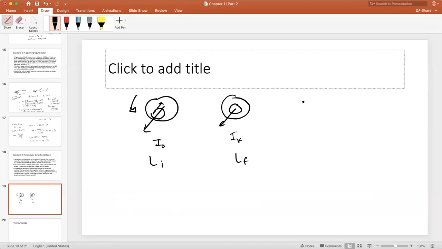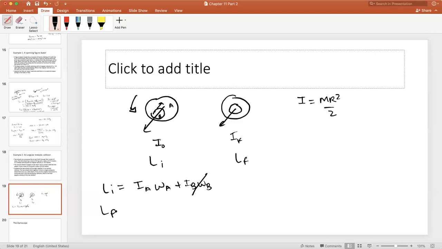Okay, so first of all, remember that I is mr squared for both. Secondly, initially, the angular momentum of the system, L initial, will be, let's call this big plate, plate A, small plate, plate B, I_A omega_A plus I_B omega_B, but it's at rest.